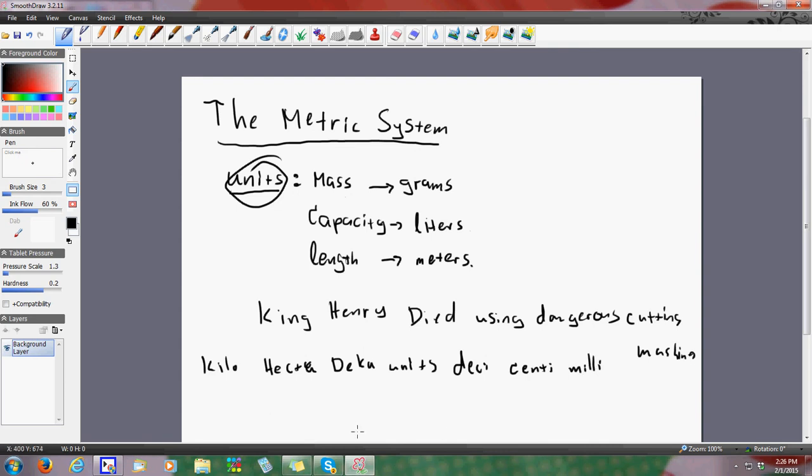Alright, so here's what you need to know. If I have one unit, that is 10 times the size of a decimeter. So 1 meter is equal to 10 decimeters, and 10 meters is equal to 1 decameter. So this is our largest, and this is our smallest increment.